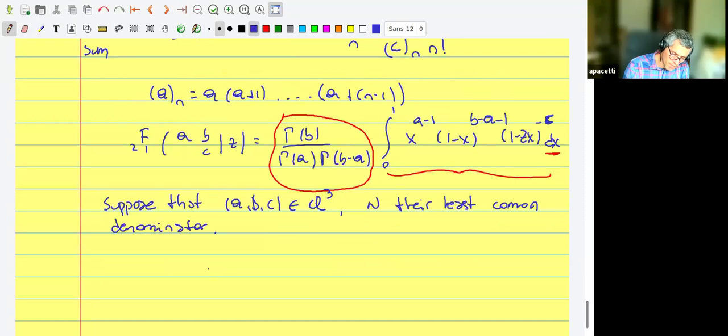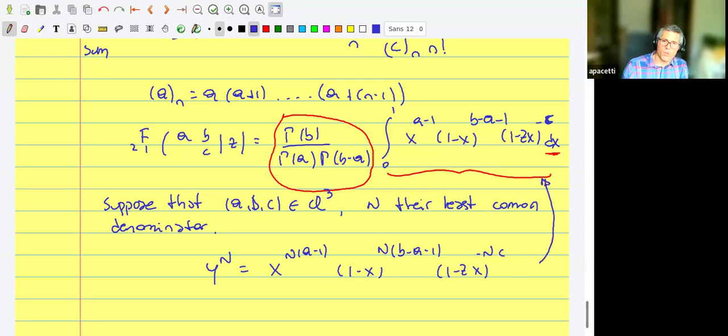Then if you consider the curve, which is given by y to the n equals x to the n times a minus 1 times 1 minus x to the n times b minus a minus 1 times 1 minus zx to the minus nc, then what you're computing in here is what is called a period of this curve. Because it's like you do with elliptic curves, right?